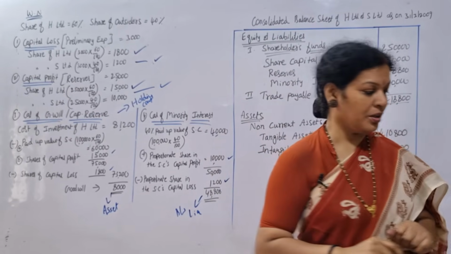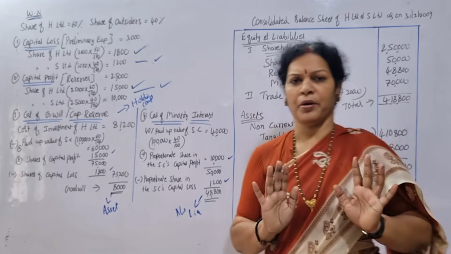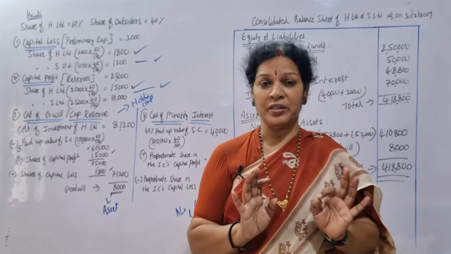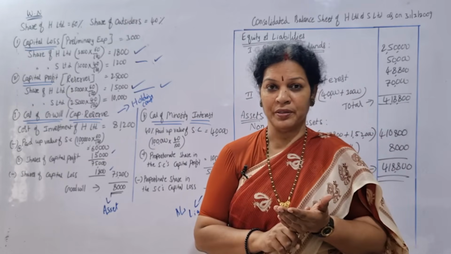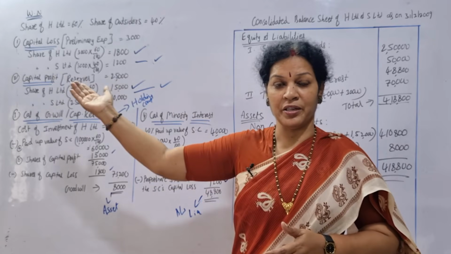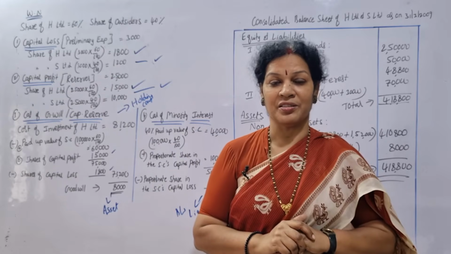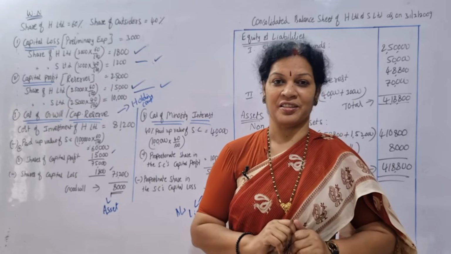First take a screenshot. I'll give you a recap once again. Very important problem. You have to understand, whenever holding company is investing only a little percentage, like 60%, it means 40% is outsiders. Outsiders means minority interest is there.